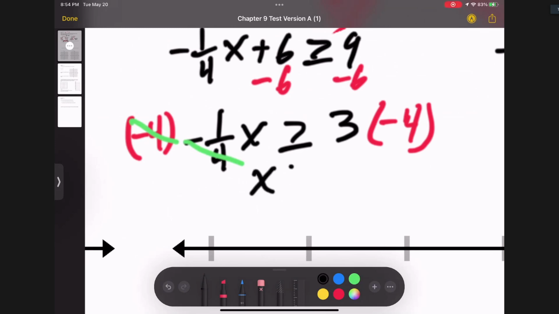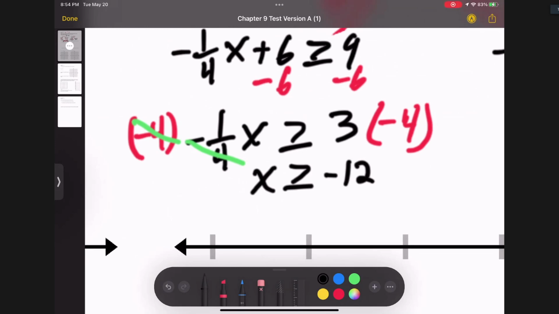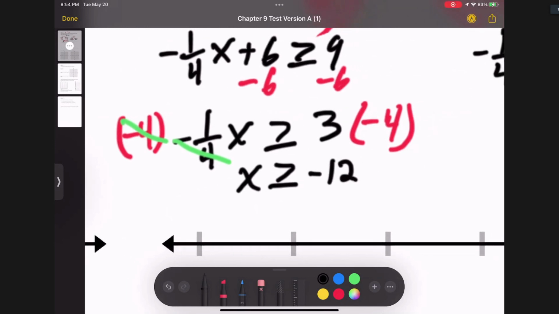We got x is greater than or equal to negative 12. But look what happens. Is this the correct inequality symbol? No, it's not. It is this direction.